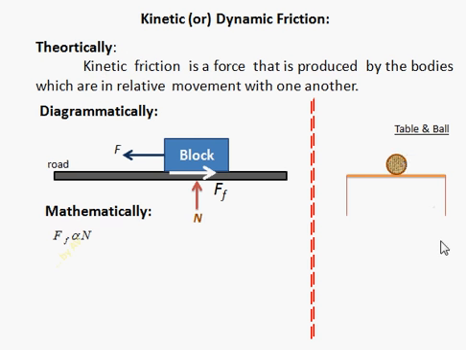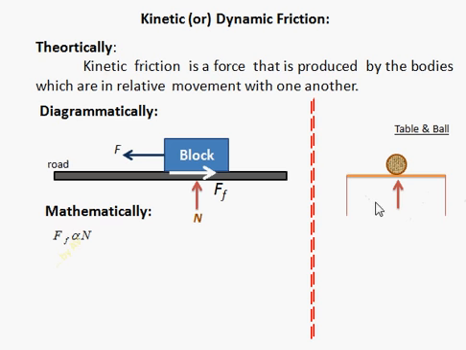Suppose you are placing a ball on a table, and the table does not have sufficient strength to hold the ball, the table will break and it will allow the ball to get down. Suppose it has sufficient strength, then that strength will not allow the ball to get down, as we have seen previously. So what is that force which holds the ball not to get down?